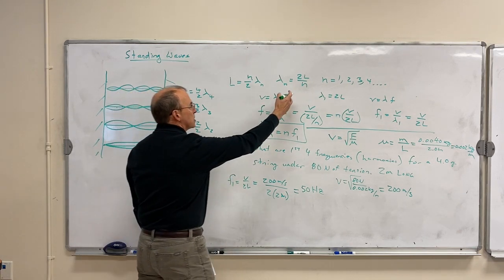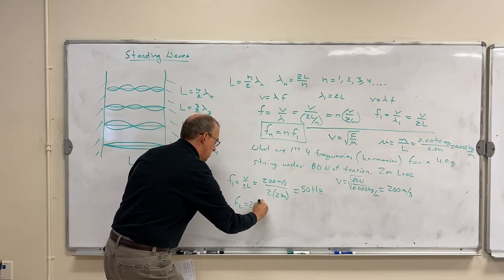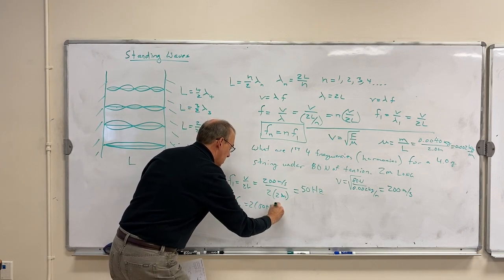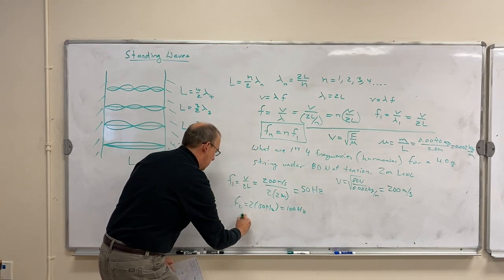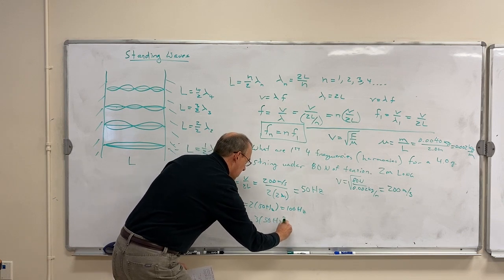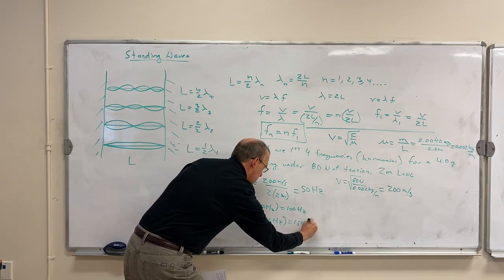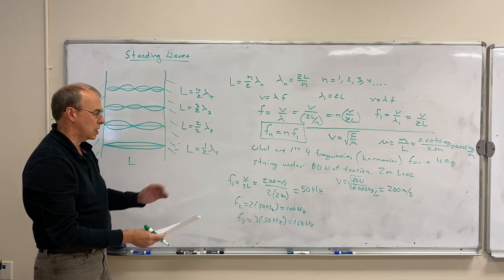And then since these just go as N times F1, F2 is 2 times 50, which is 100 hertz. F3 is 3 times 50, which is 150 hertz. F4 is 200 hertz, etc.